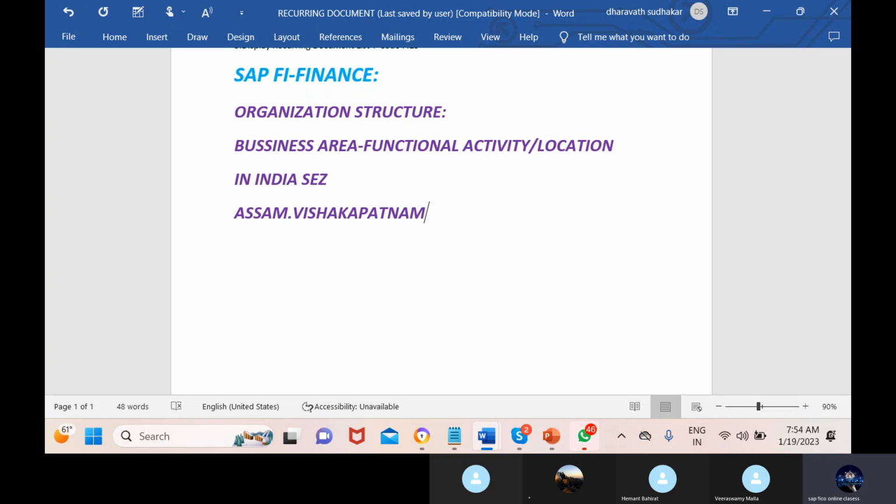Just think that he had only two plants. In Assam, he was producing EV vehicles, electric vehicles, and in Visakhapatnam he is producing batteries for EV vehicles.